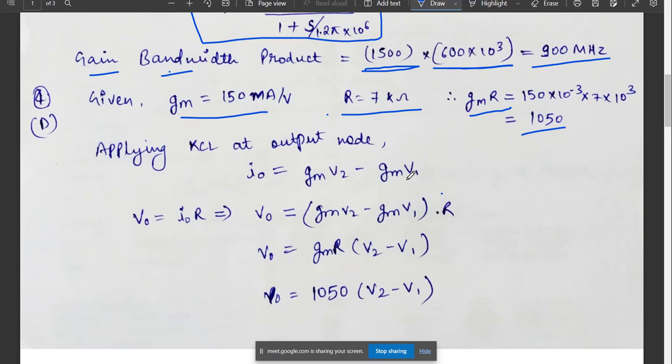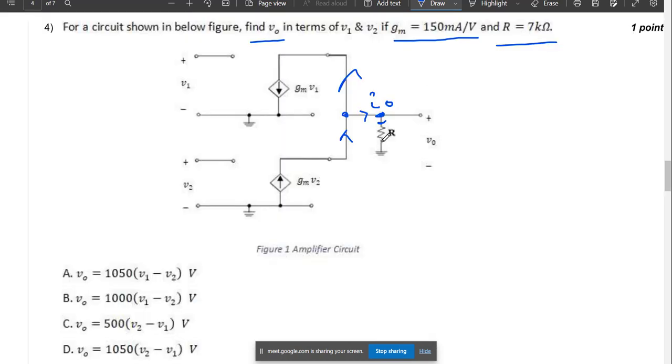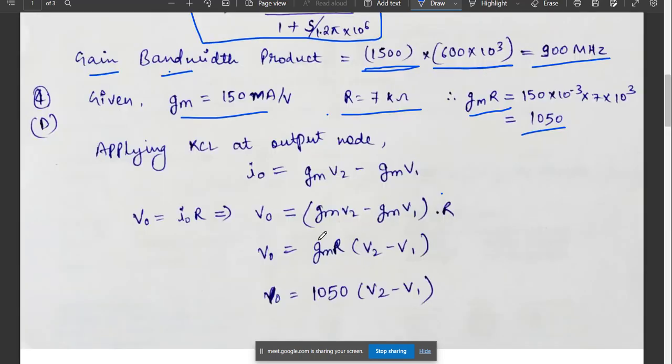So we got I0 equals GMV2 minus GMV1, and V0 is the voltage drop across the resistor R. So V0 is equal to I0 R. We put in the I0 value, GMV2 minus GMV1, into R, and we got V0 equals 1050 into (V2 minus V1).